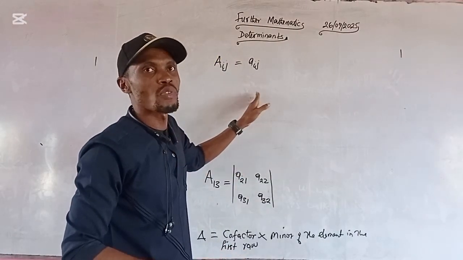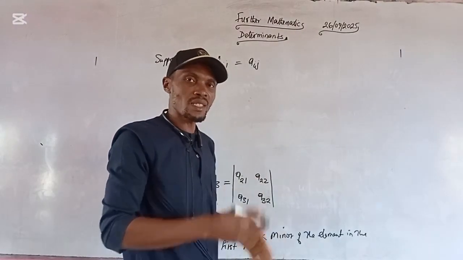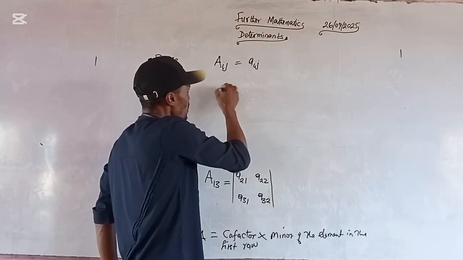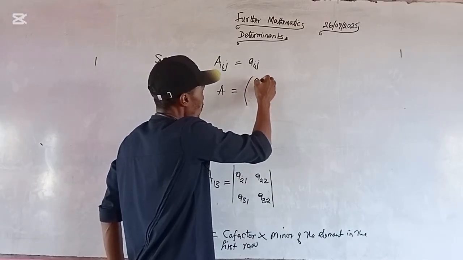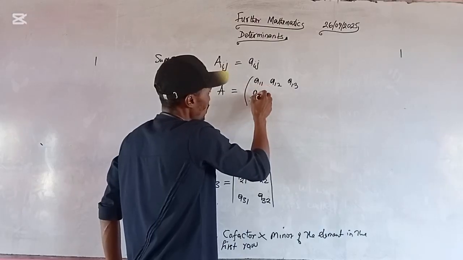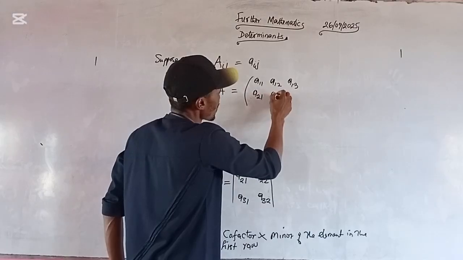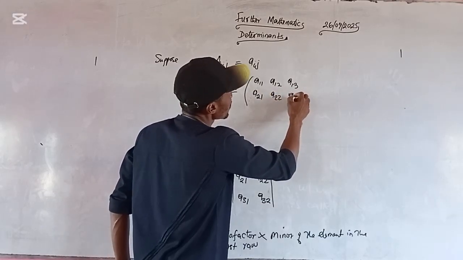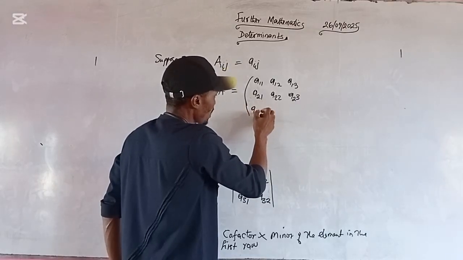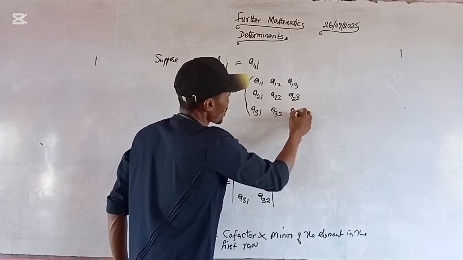And if the sum of the address of the element is an odd number, assign a negative sign. What do I mean? In matrix A equal to A11, A12, A13, A21, A22, A23, and A31, A32, A33.